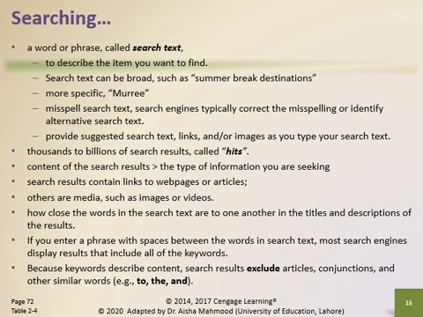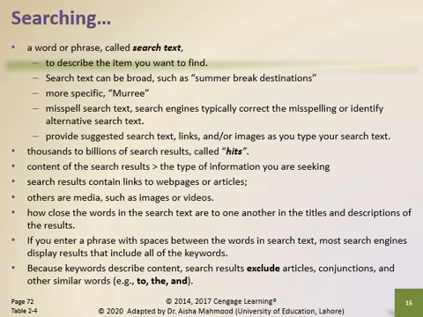Some also provide suggested search text links and images as you type your search text. Depending on your search text, a search engine may respond with thousands to billions of search results, sometimes called hits. The content of the search results varies depending on the type of information you are seeking and your search text.